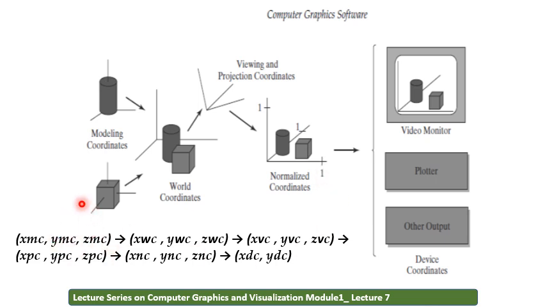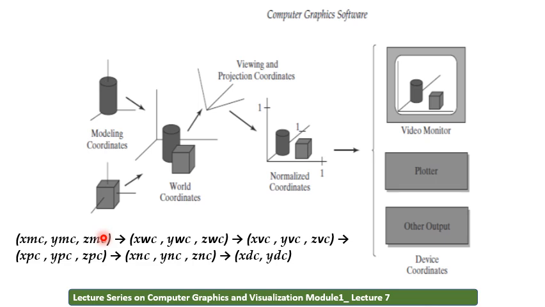The initial modeling coordinate positions are considered as modeling coordinates of the x-axis, y-axis and z-axis, referred to as XMC, YMC and ZMC, indicating modeling coordinates for the X, Y and Z axes.